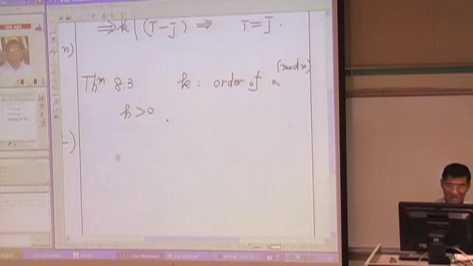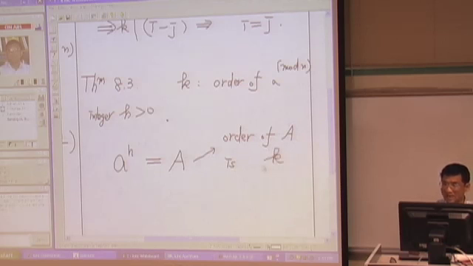Then take a to the power of h, some positive integer h, and call this capital A. Then the order of this number A is nothing but the order k divided by the GCD of h and k.